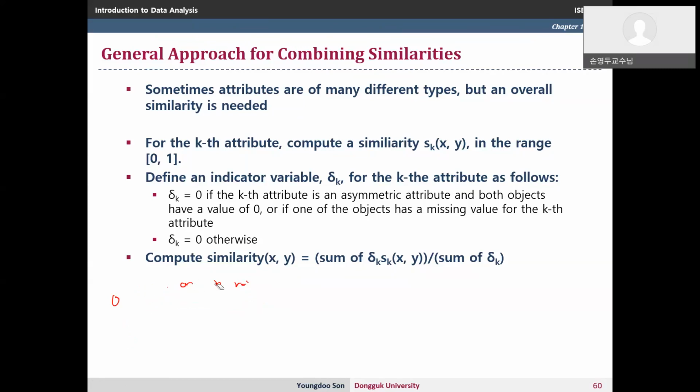So there are many ways to calculate these similarity combinations, and here we will see a few ways to make dissimilarity combinations. First of all, for the k-th attribute, we can calculate the similarity as s_k(x, y). If we can calculate the dissimilarity, it can be easily changed into the similarity.